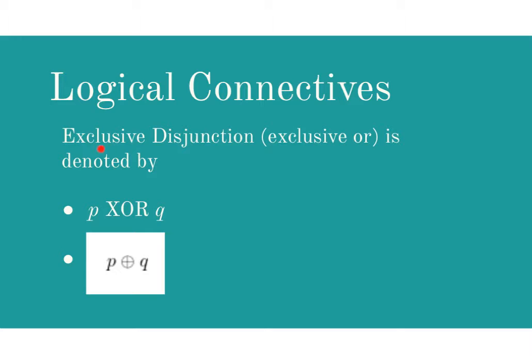We're going to also talk about exclusive disjunction, which is exclusive or, and that's denoted by P XOR Q, or this circle plus, and there's other symbols that people use. In our textbook, for example, you're going to see P, underlined V, Q.